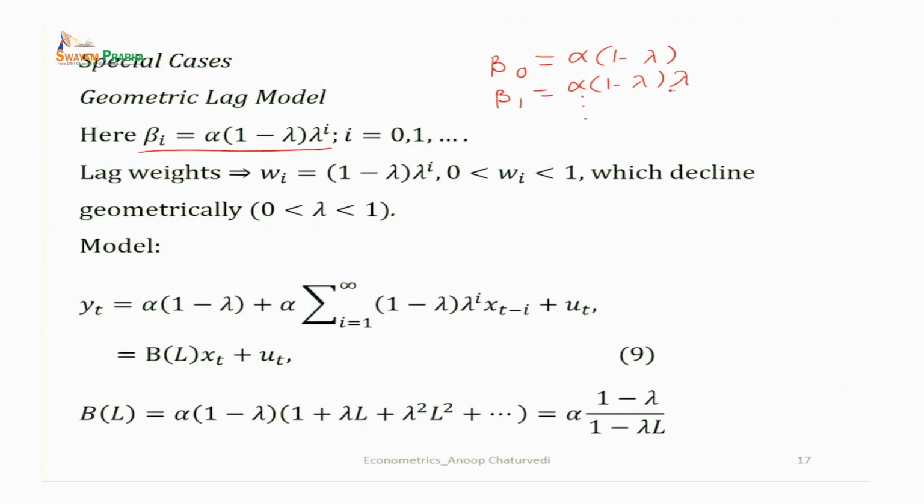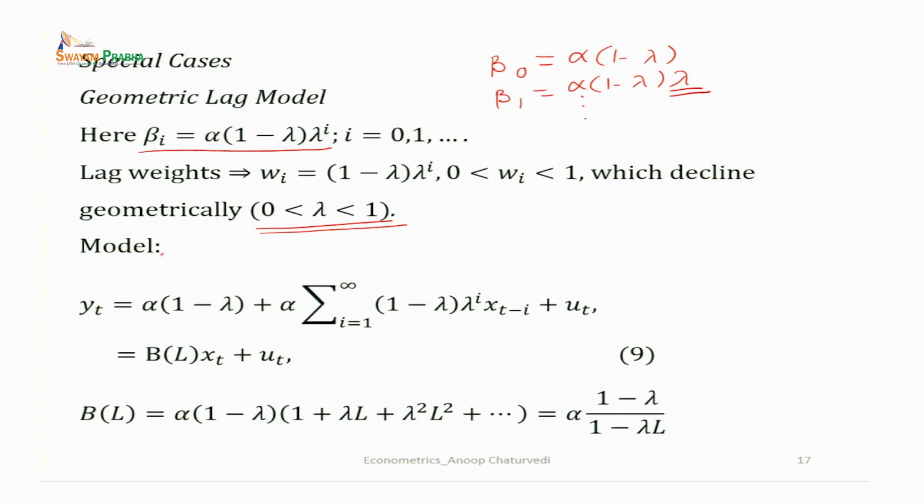The common ratio is lambda, and obviously we assume that lambda lies between 0 and 1. So, these lag weights W i equal to 1 minus lambda, lambda to the power i, lie between 0 and 1. W i lies between 0 and 1.